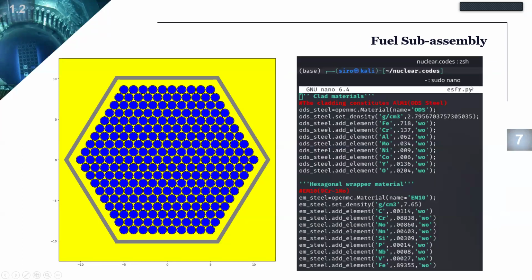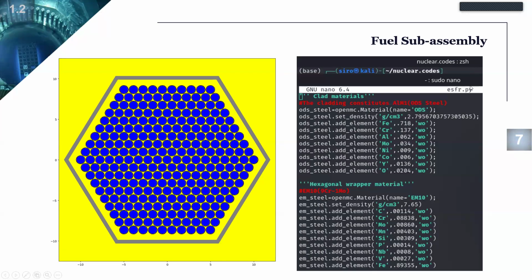All right, so this is now what the fuel looks like, the subassemblies constituting the fuel. The fuel material is MOX, of course, constituting uranium dioxide and plutonium dioxide. And the wrapper material, as you can see, is ODS steel for the fuel.